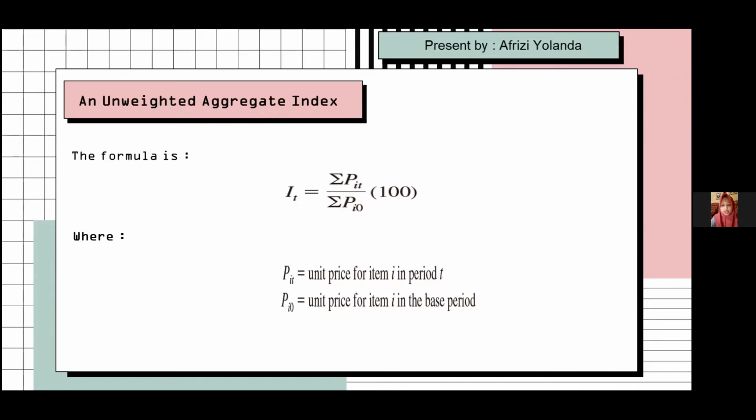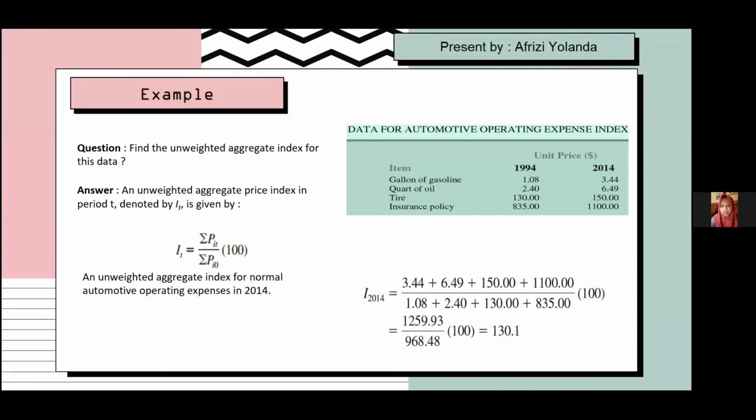For example, there is the data for the automotive operating expense index. The question is, find the unweighted aggregate index for this data. Solution: the unweighted aggregate price index in period T, denoted by I_T, is given by I_T equals sigma P_iT divided by sigma P_i0 times 100.